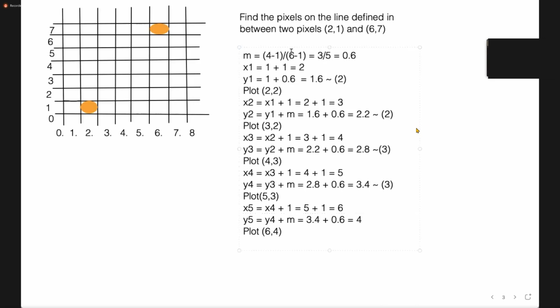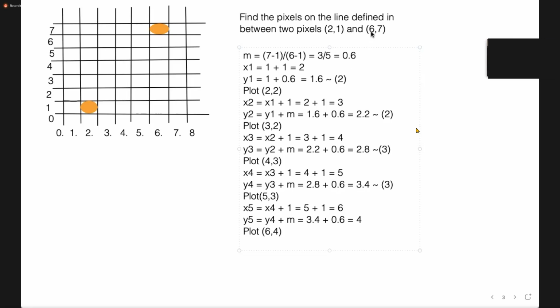Here, the 2 points are: x is 7, y is 7, and here the first y is 1. Here we do 7 minus 1.